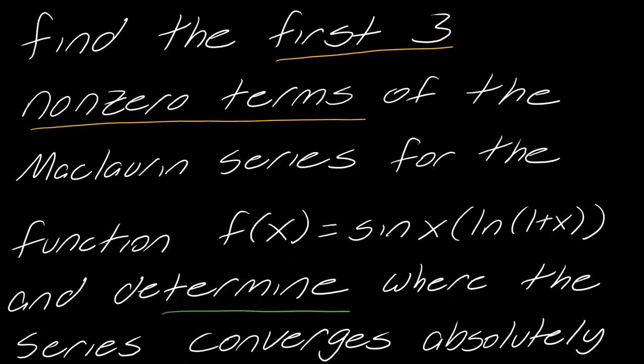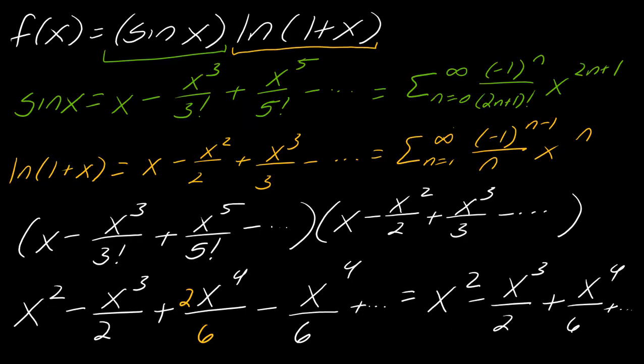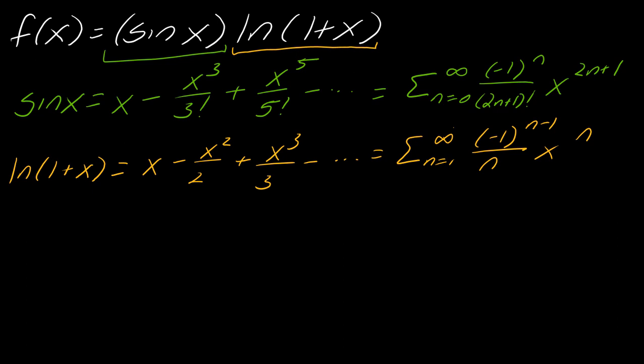So determine where this series converges absolutely. This can also be done from the original series themselves. So let me clear some space. And now, let's remember what we're actually doing here. At the end of the day, these are 2 power series, right?